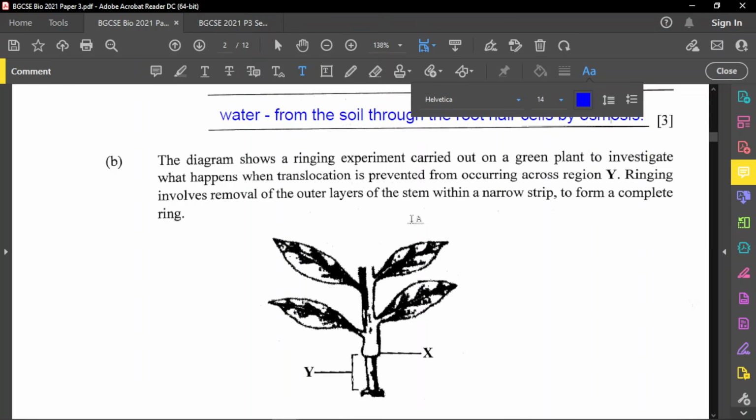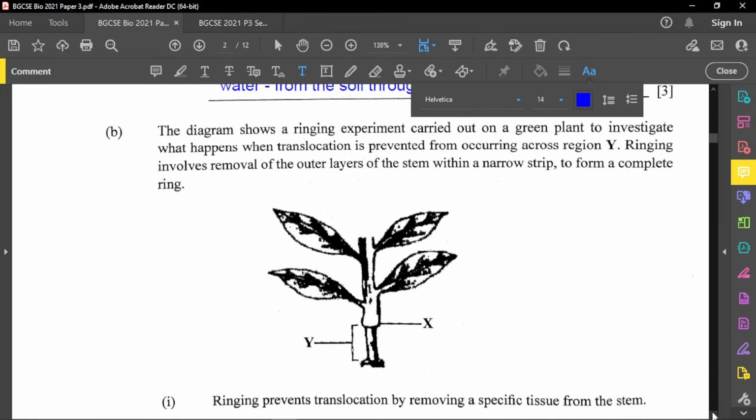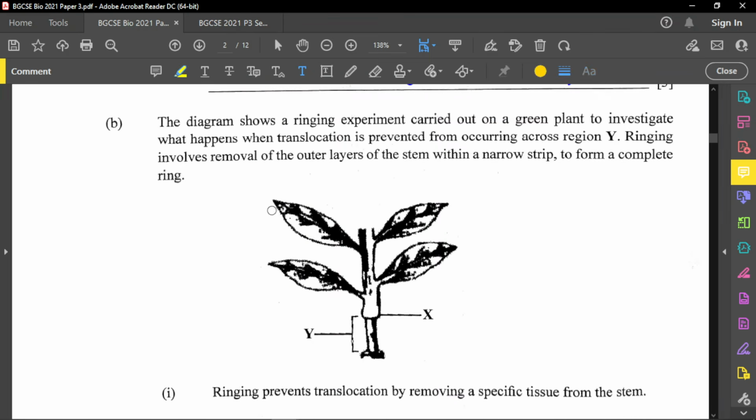Ringing involves removal of the outer layer of the stem within a narrow strip to form a complete ring. So right here, this portion was removed. Let's highlight this section right here. This is the inner part of the stem. The outer part was removed.